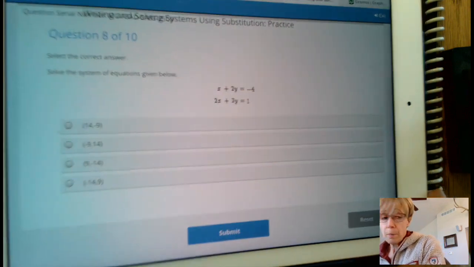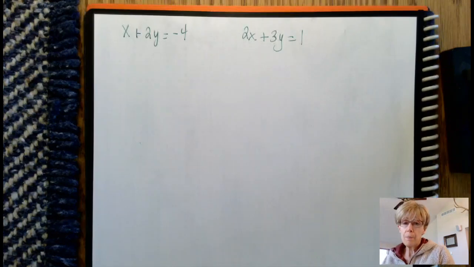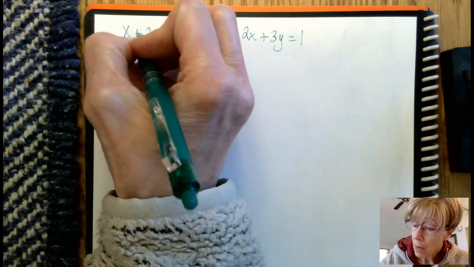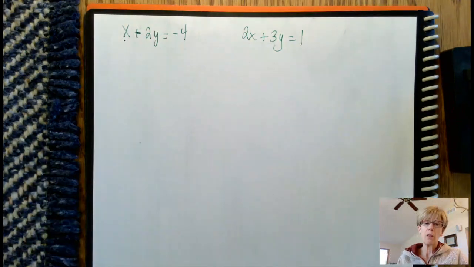So as I move my iPad here out of the way, again what I did is I wrote down the two problems, and what we're going to do is look for a variable that has no number in front of it. And what I see here is that x in this first equation has no number in front of it.